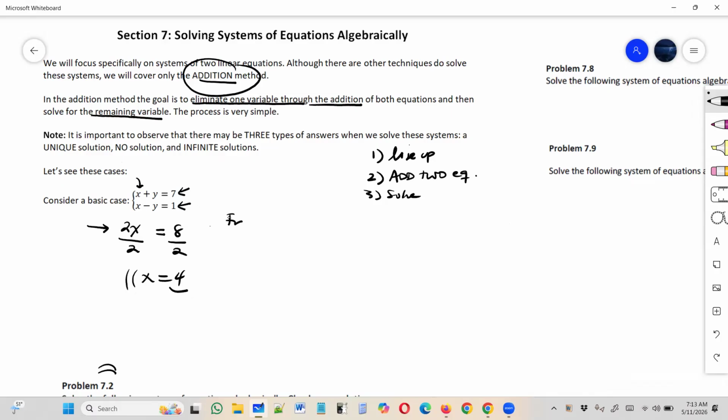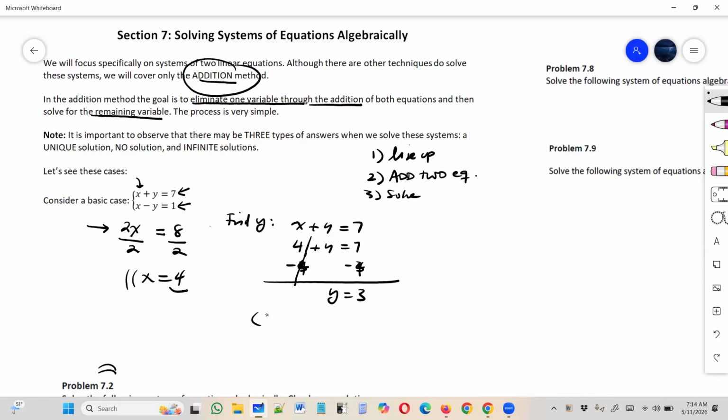So find y. x plus y equals 7, but I already know x. So 4 plus y equals 7. And then just subtract 4 on both sides, I'm sorry, not 3. Subtract 4 on both sides, and I get y equals 3.